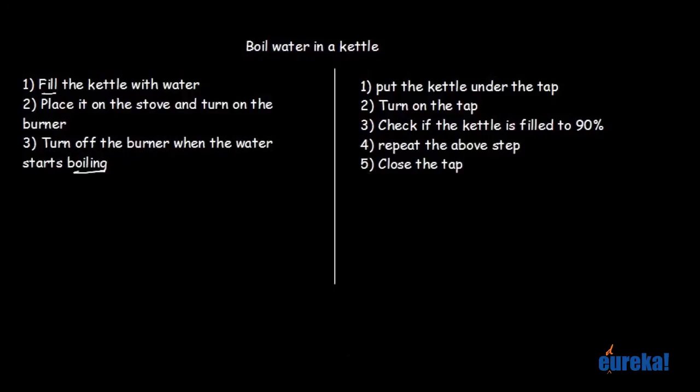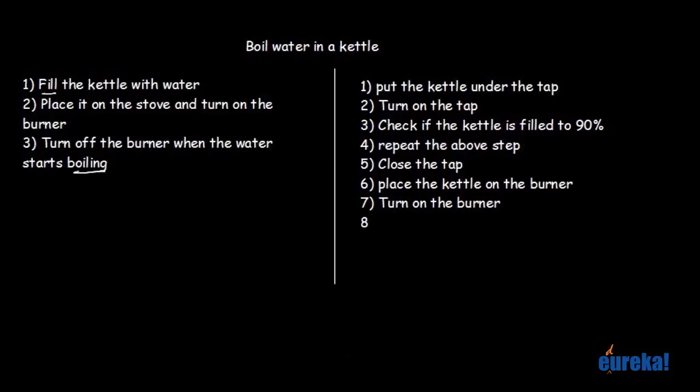Now we've done the first step of filling the kettle with water. What's next? Place the kettle on the burner. Then we have turn on the burner. Now the final step again, we need to specify what we mean by boiling.